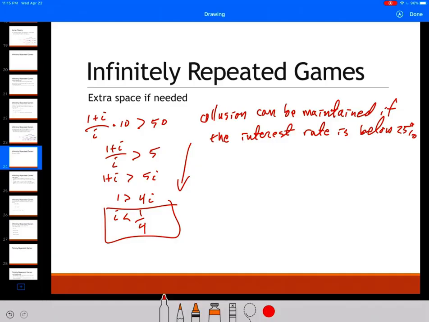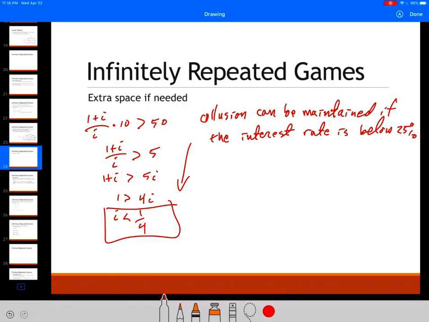Okay? So what this means is that if firms are competing against each other over and over and over, there might be a way for them to maintain this collusive outcome, because it turns out over the long haul, over a long period of time, if they both act like a monopolist, they end up making more money than if they try to screw the other firm over and compete against each other, okay?